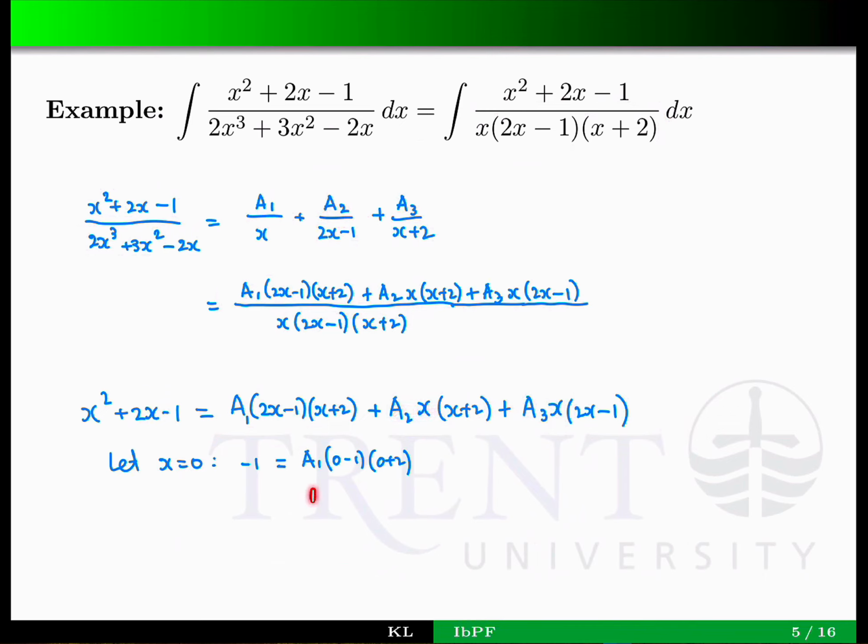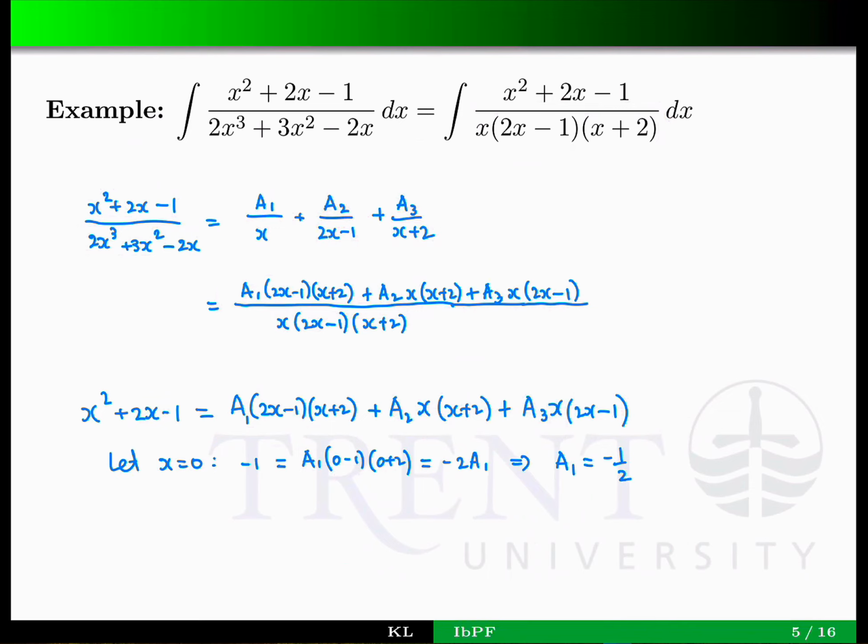So now we are just left with a1. Observe that we got here negative 1 times positive 2. This will be equal to negative 2a1, which means that a1 equals negative half.